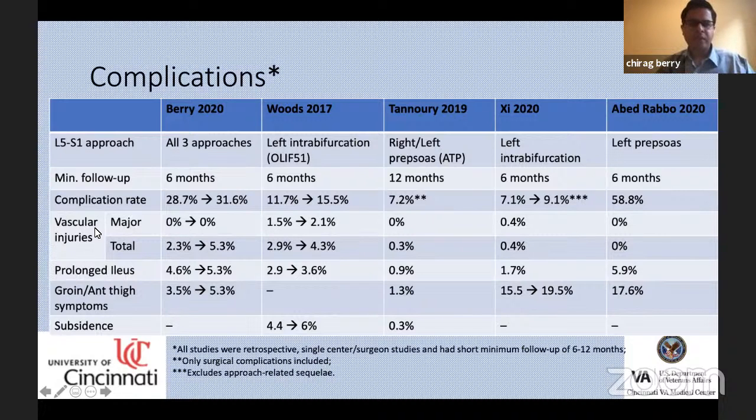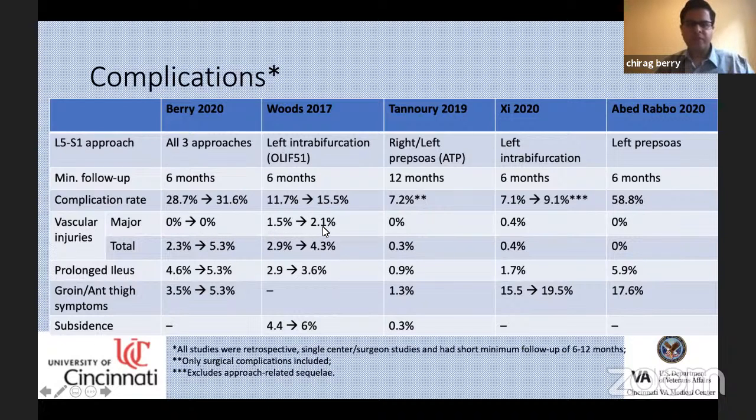The main worry with these approaches is vascular injuries. They are either major or minor. Major is an injury to the aorta, IVC, or the common iliac vessels, while minor injuries can be to the iliolumbar veins or the segmental vessels and so forth. Major complications were none, fortunately, in our series.